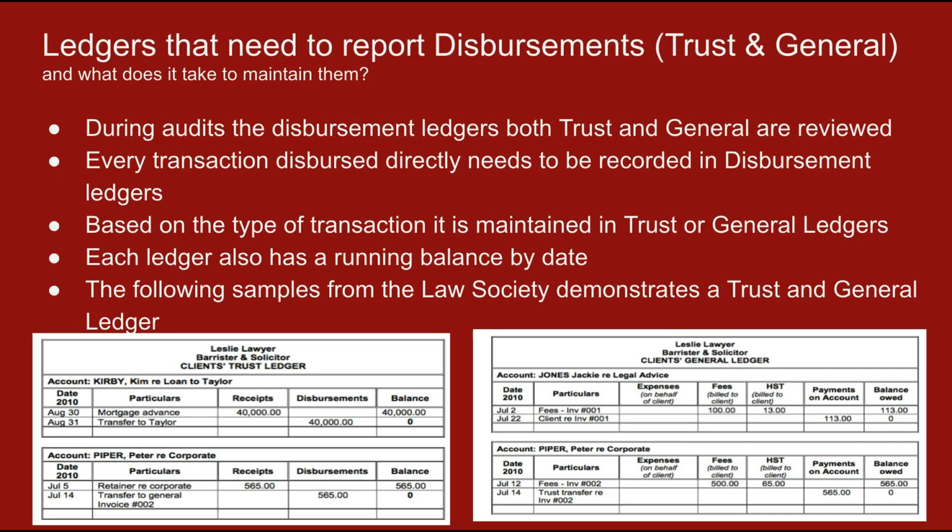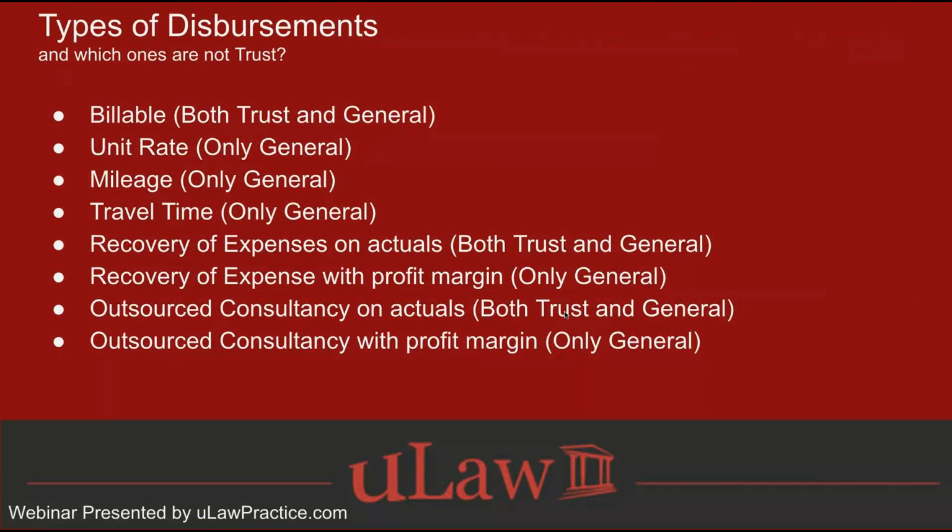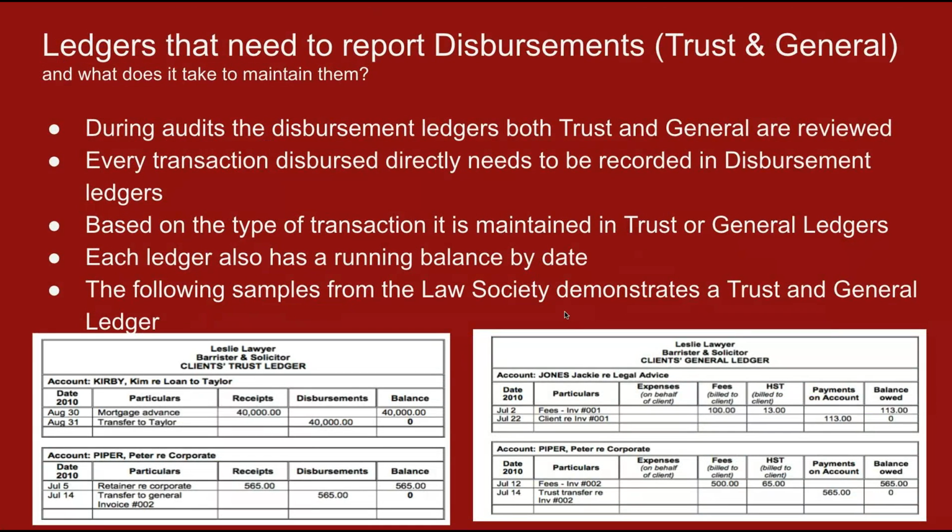Each ledger has a running balance with the date, as you see in the examples at the bottom. The following samples are demonstrated by the Law Society for a trust and a general ledger. It's completely what you also see on your screen when you raise these documents.